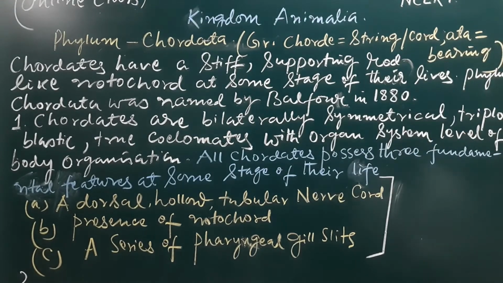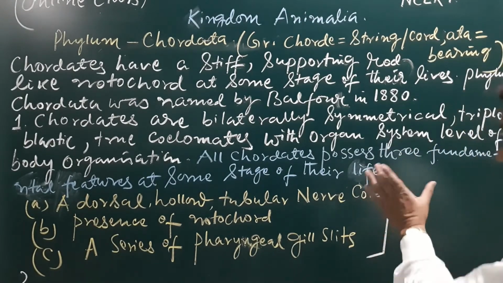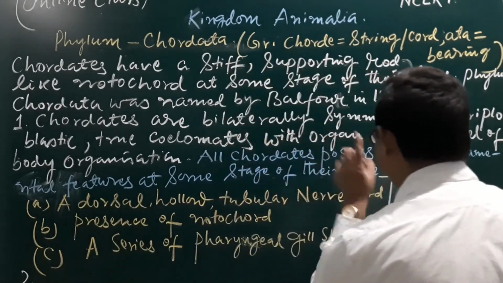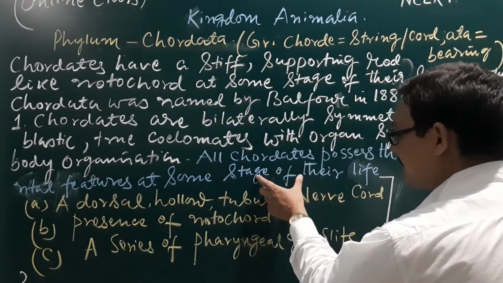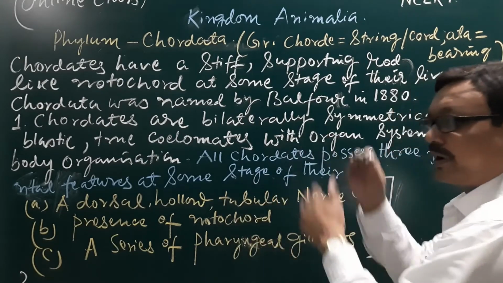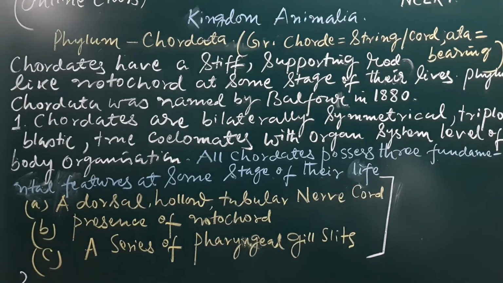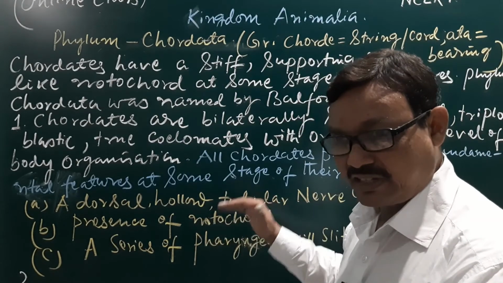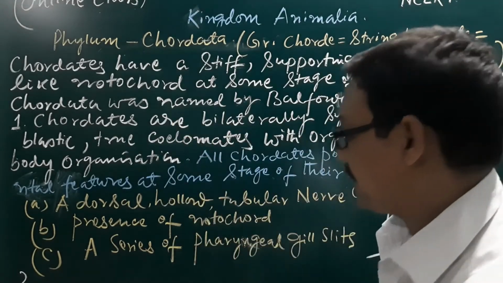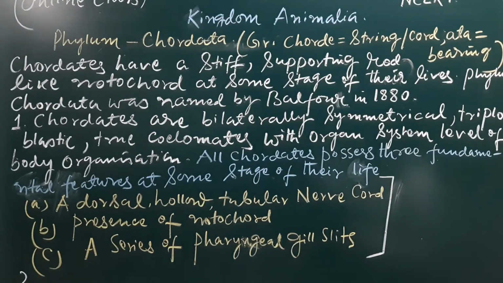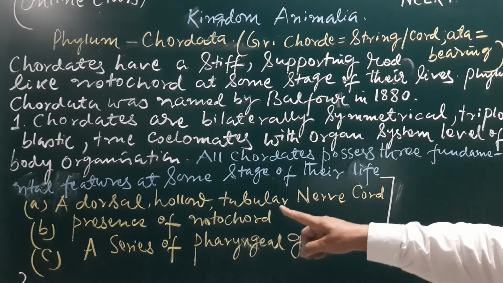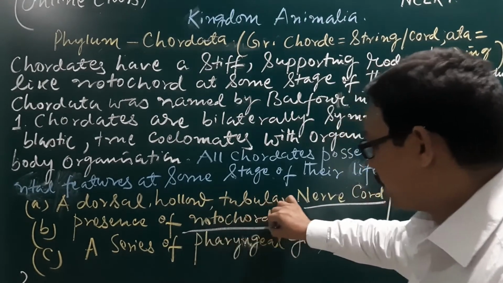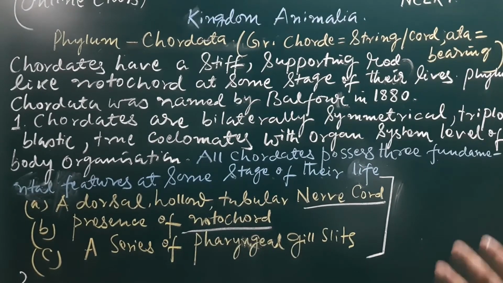But you may also see that these features may be present at an earlier stage of life and may be modified or replaced in the later part of life. Understand? Like the dorsal hollow tubular nerve cord, presence of notochord, a series of pharyngeal gill slits.